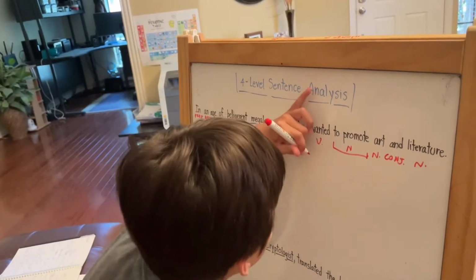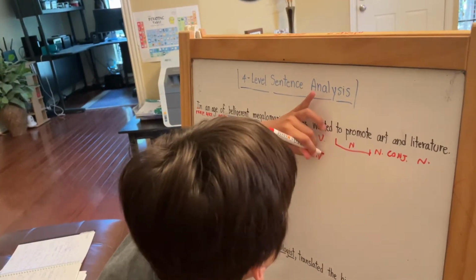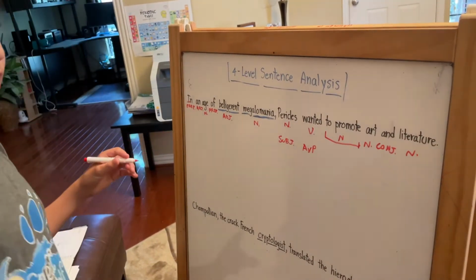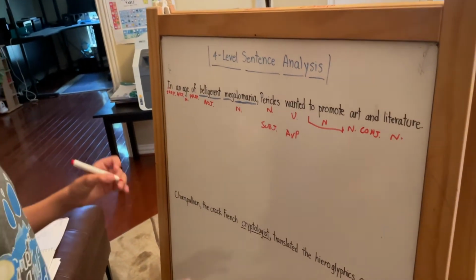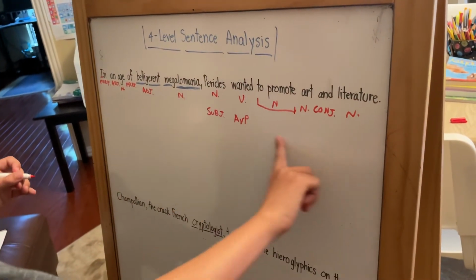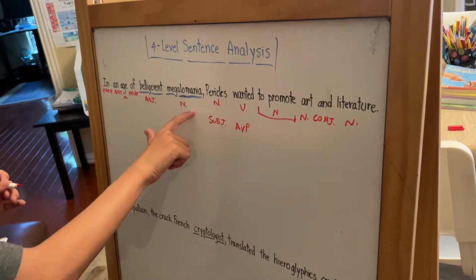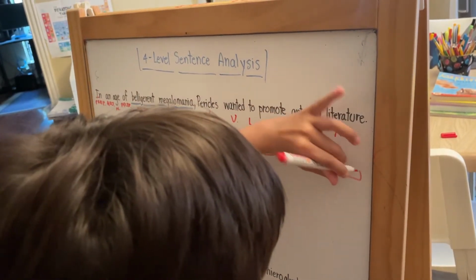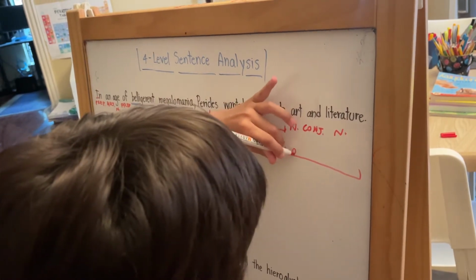That's why it's an action verb predicate. And then our direct object, or DO, is the object of the action. In this case, it's to promote art and literature, because that's what Pericles is wanting to do. So that's a compound direct object.